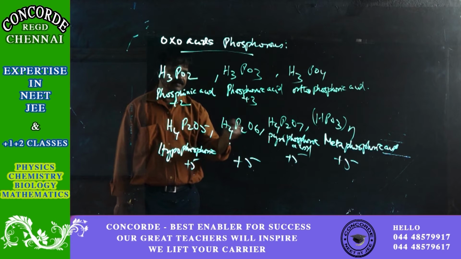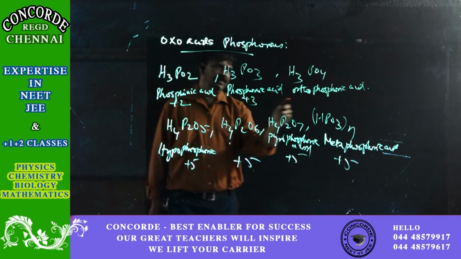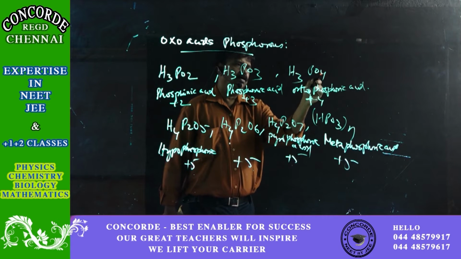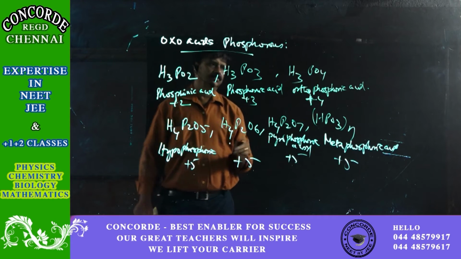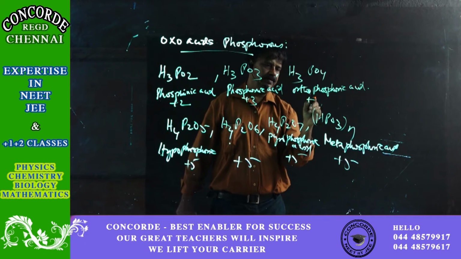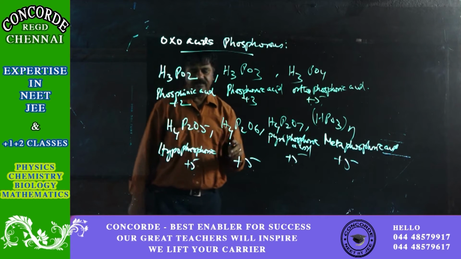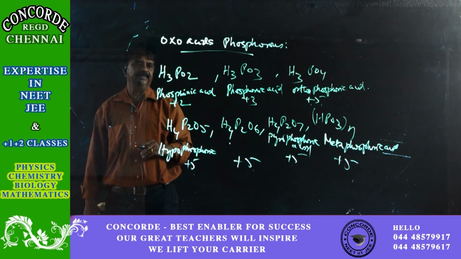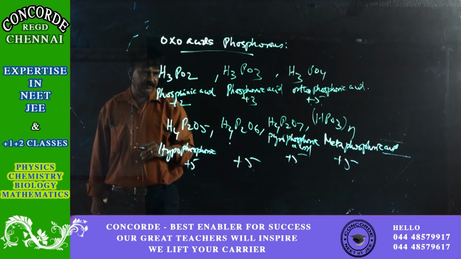So all these have a +5 oxidation state. This has a +4 oxidation state. This also has a +5 oxidation state. All the others have a +5 oxidation state. These are the various oxoacids of phosphorus.